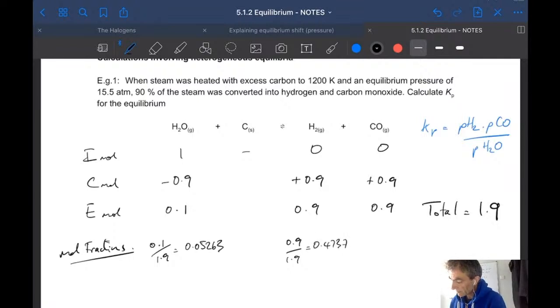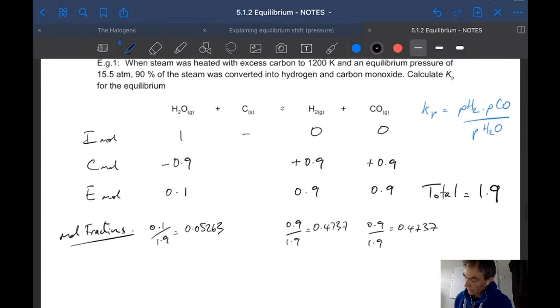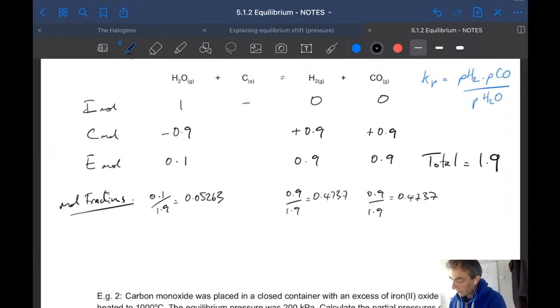And this is obviously the same, 0.9 divided by 1.9, 0.4737. What you can do at that point is check they all add up to 1. I'll put that in red. Check add to 1. They will do, so I'm just going to move on.